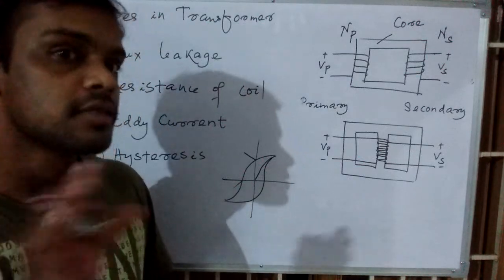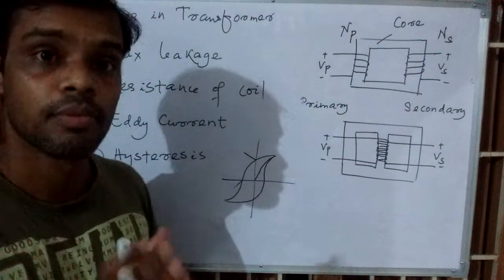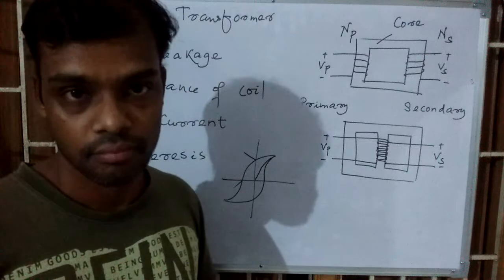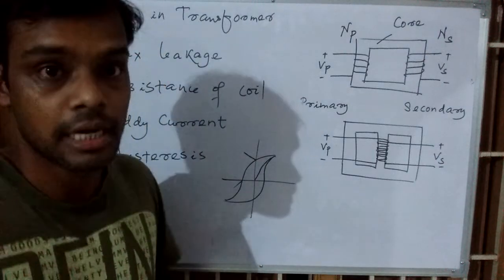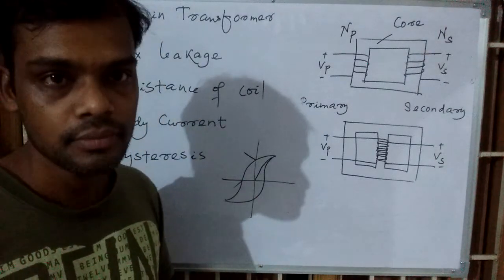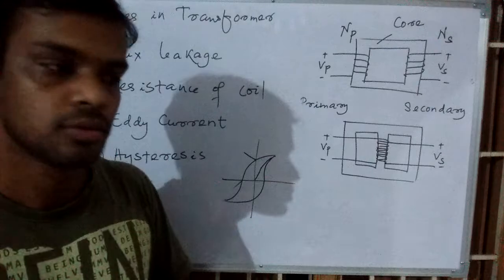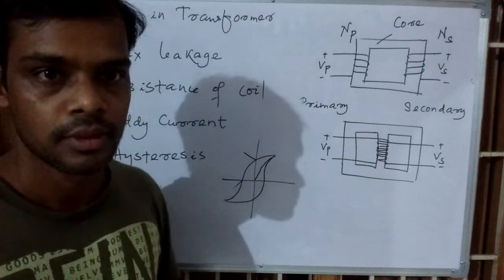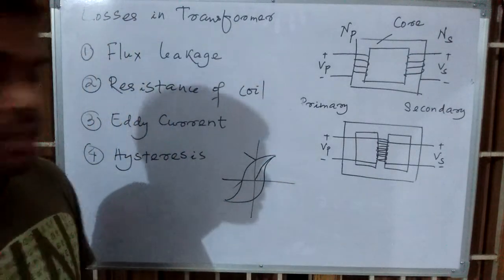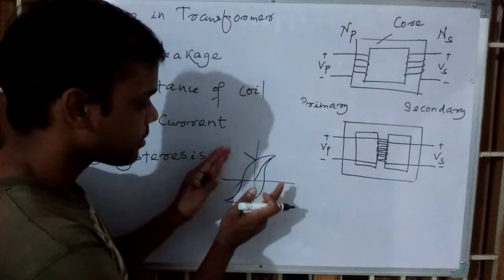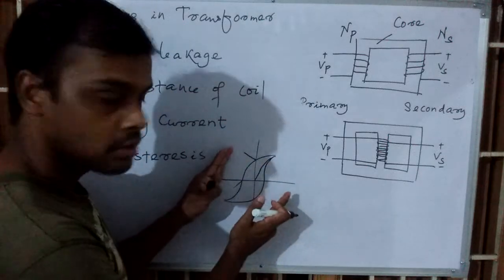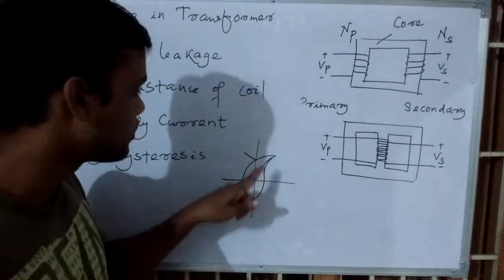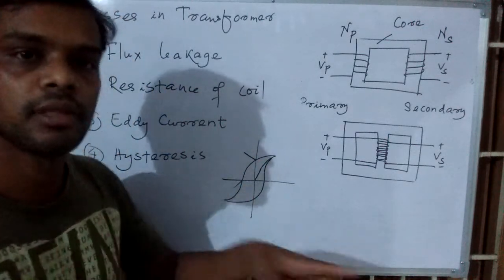That extra current is utilized for neutralizing the magnetic effect of the material. This is one sort of loss, because we are using our current to neutralize that effect. This is called hysteresis loss. The wider the loop, the more the loss. The greater the retentivity and coercivity, the more the loss.